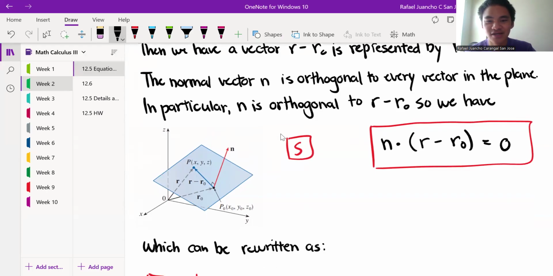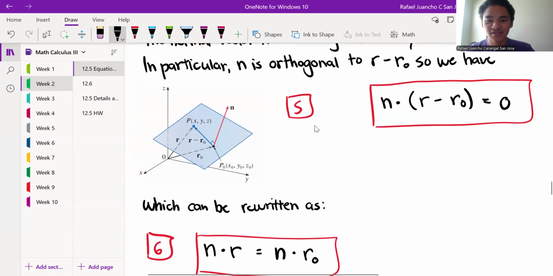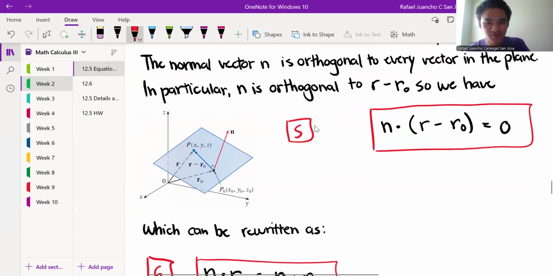In particular, n is orthogonal to r minus r naught. Since these two are perpendicular, the blue vector and the red vector in the drawing, their dot product is 0, which we talked about in a previous video.